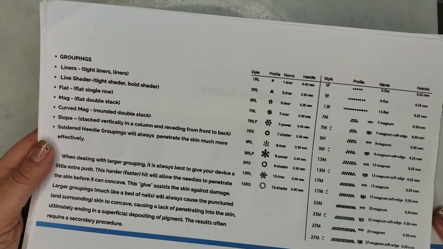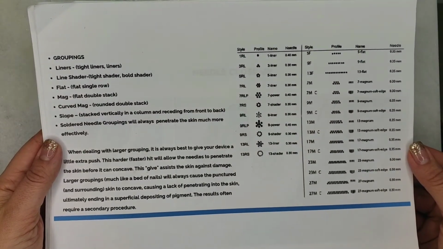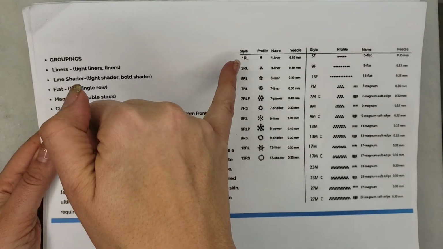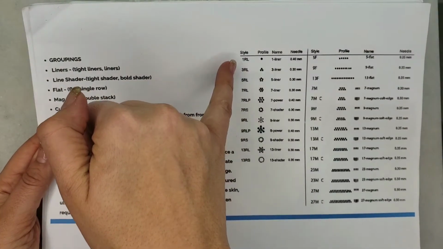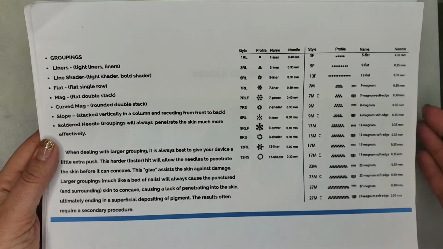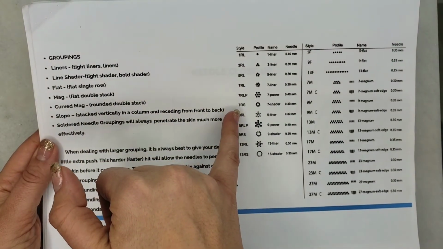And we'll go back over to another chart here. This is a more detailed chart of a lot more configurations. There are one rounds. That would be more for your detailed work. It's also really great for scalp micropigmentation. We go down to, we have shaders.